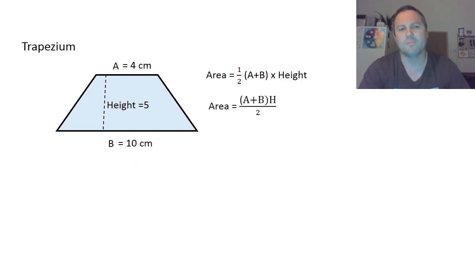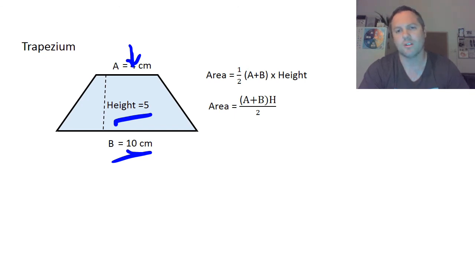Now trapezium, this one might be new to you. There are again two rules that we can use for this one. But the things we need to know here is we've got three things we need. We've got measurement A, measurement B, and height. Now A is the roof, B is the base, and we put all those together in these two formulas.